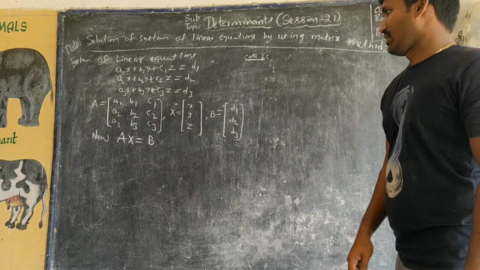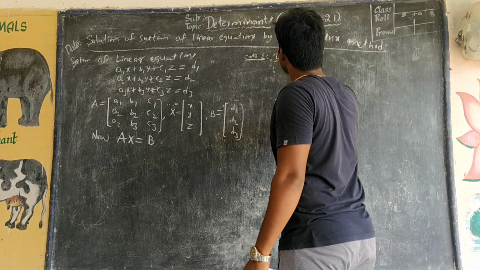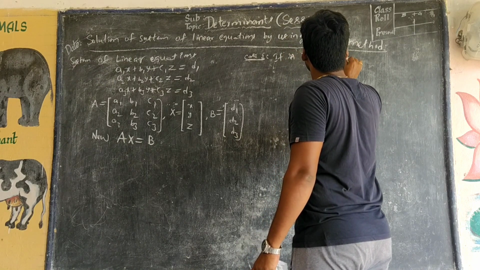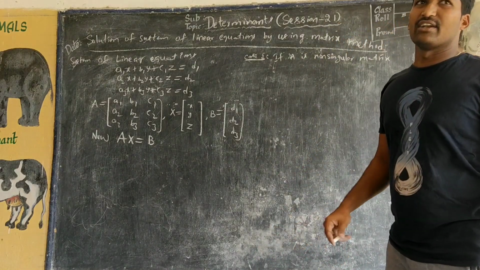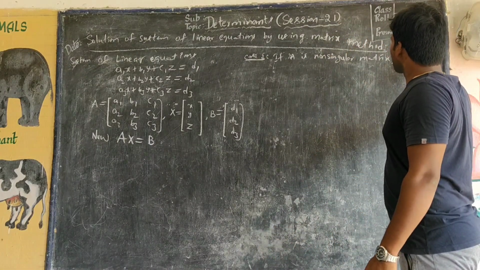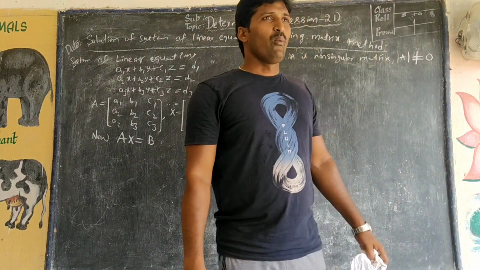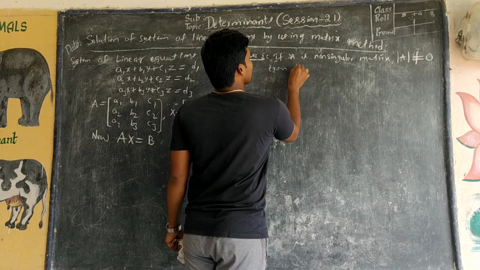Case 1: if A is a non-singular matrix. A non-singular matrix means that the determinant of A is not equal to 0. When it is not equal to 0, then its inverse exists.